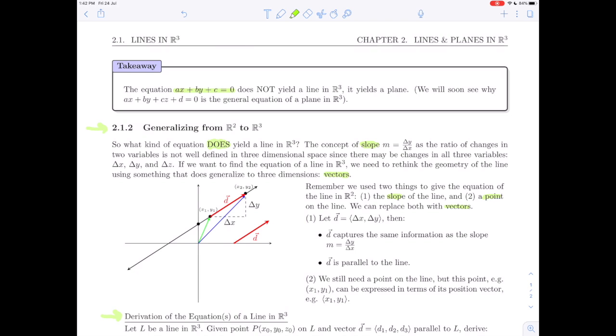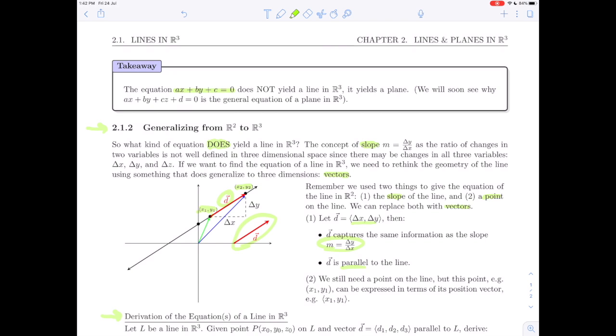So let's look at our diagram here. If we had 2 points on the line, x1, y1 and x2, y2, we can create a vector d going between them. And if we let d be delta x, delta y, then d is capturing exactly the same information as the slope. And d can be drawn anywhere, but wherever d is drawn, d is going to be parallel to the line.